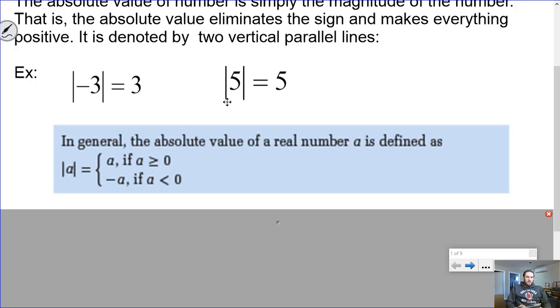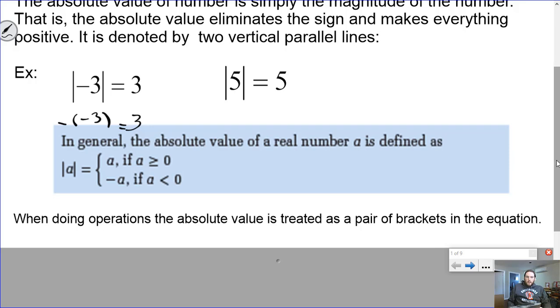So if a were positive 5, we keep that value. But if a is less than 0, we take the negative of a. So if a is negative 3, we take the negative of negative 3, and that gives us 3. That's how we describe these using a piecewise function.